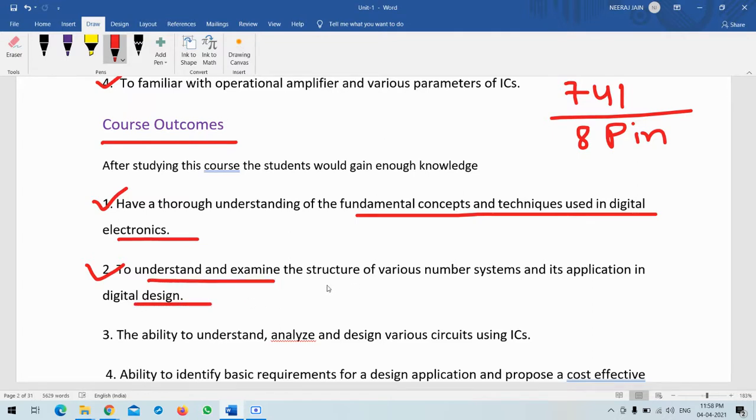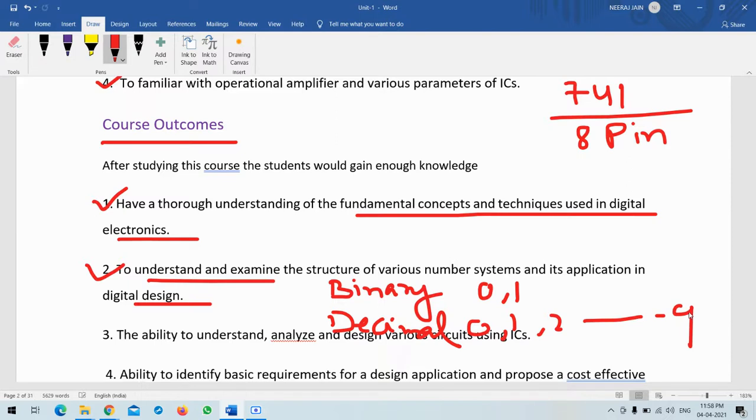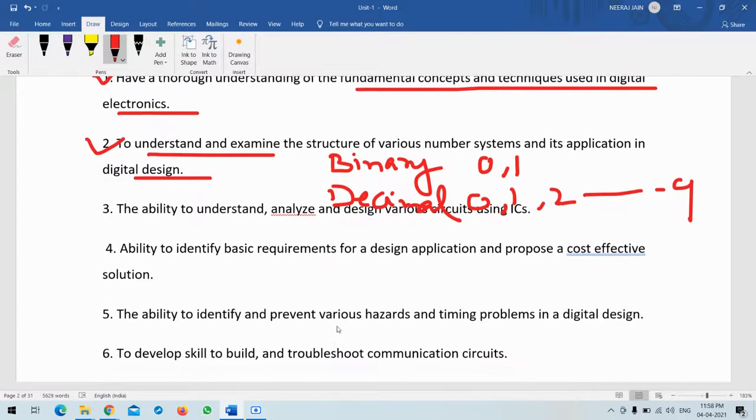There can be several types of number systems, as we are familiar, like the binary number system. In the binary number system, generally we use 0 and 1. The decimal number system we already use, with the digits 0, 1, 2 up to 9. In the octal number system, we generally use the numbers 0 to 7.